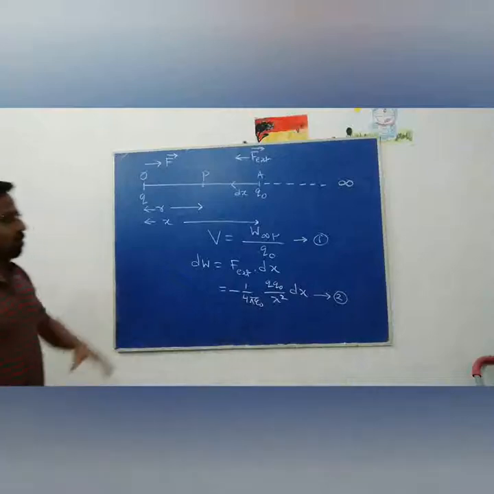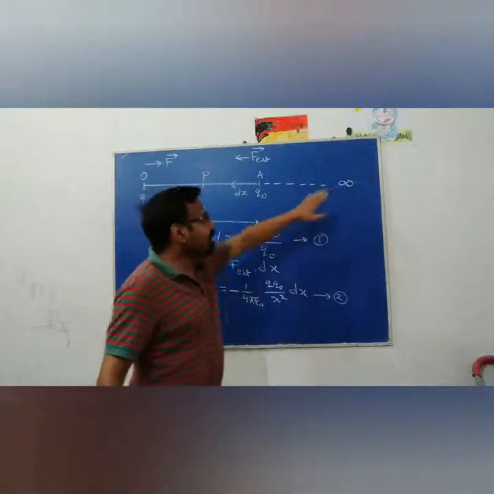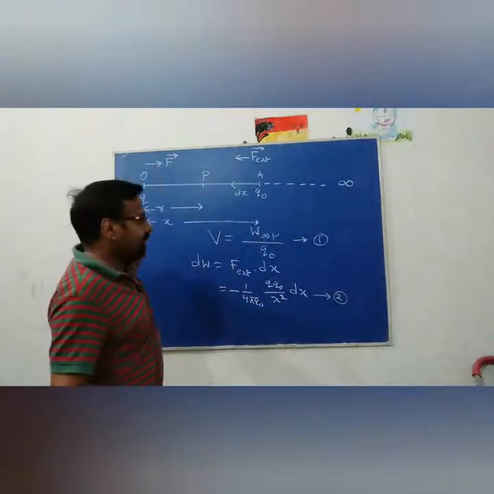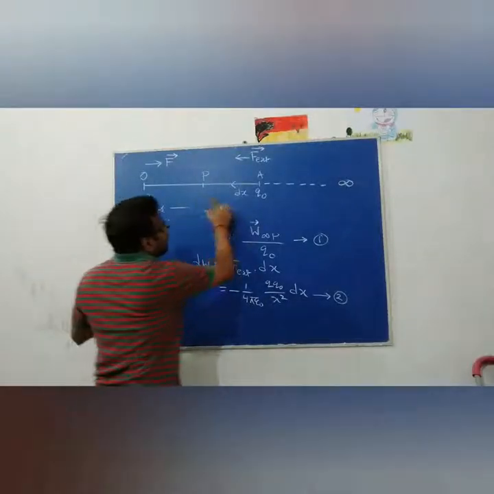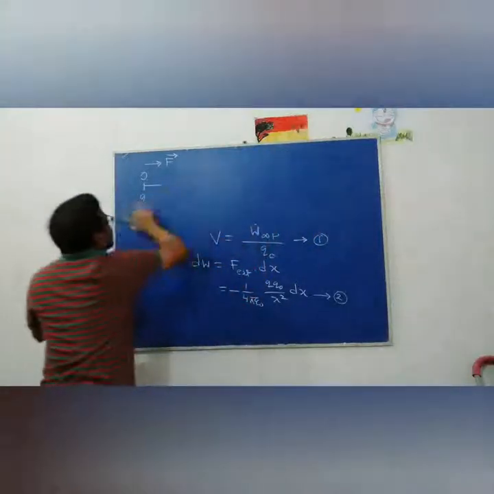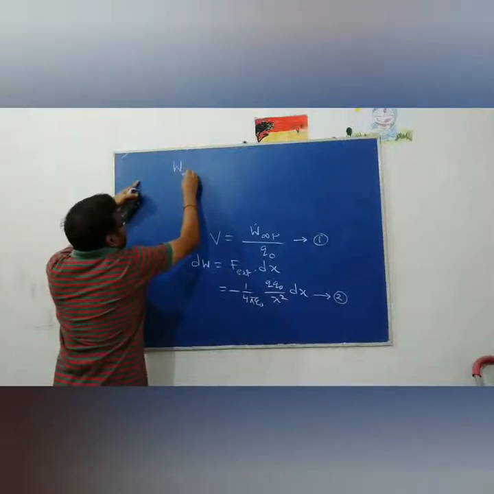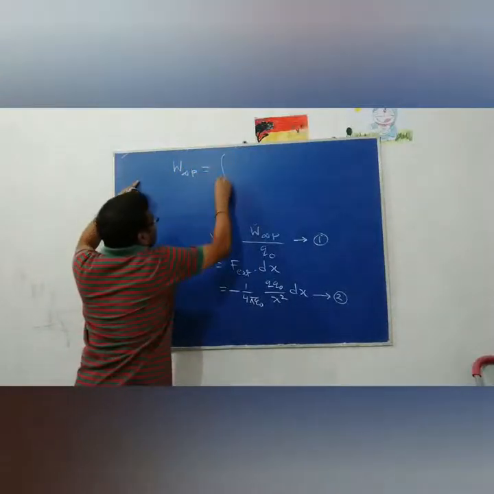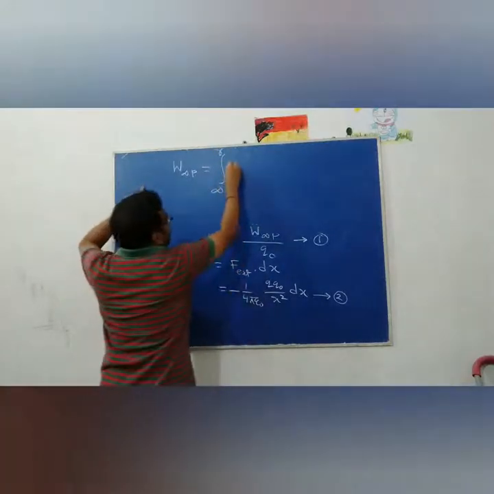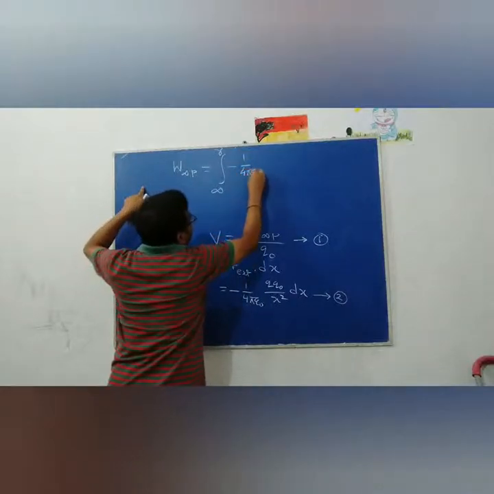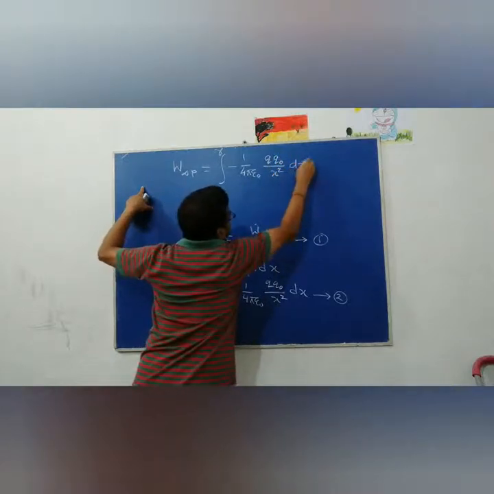Now to find out the total work done, we have to integrate equation 2 from infinity to P. So let's see the integration. W infinity to P equals integration from infinity to r of minus 1 by 4 pi epsilon naught Q Q naught by x square dx.